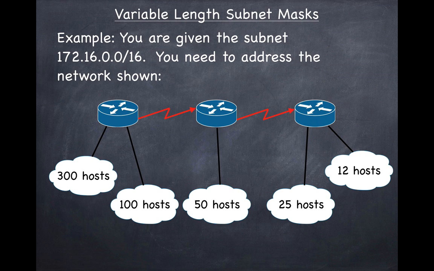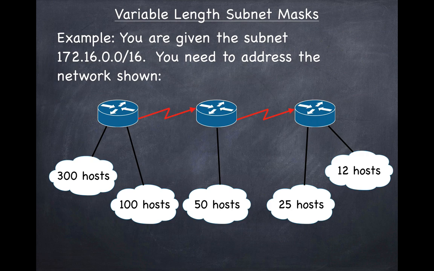And a lot of times they would say 5 because we have 5 clouds down there that specify how many hosts we need. But we need to realize that the connections between the routers shown as red lightning bolt serial connections are networks as well that need 2 IPs. So the correct answer is we actually need 7 networks.